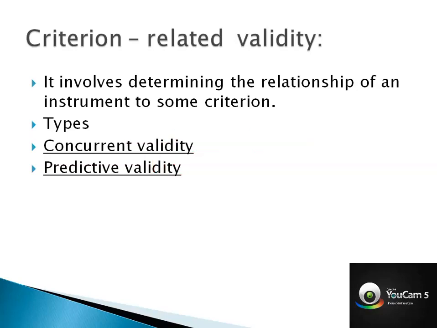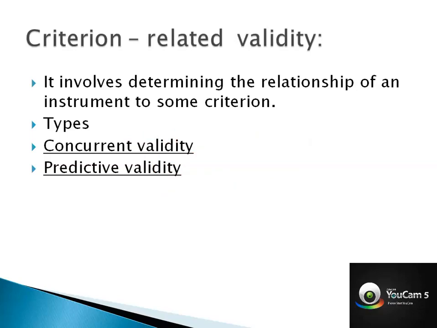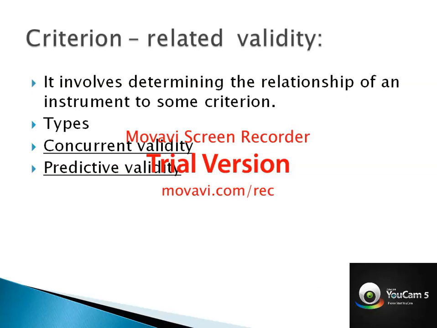It involves determining the relationship of an instrument to some criteria. You can take some criteria along with your tool, and you can compare and check whether your tool is a valid one. For example, job satisfaction can be compared with leave taken by the nurses, responsibilities taken by the nurses, initiation or support given by the nurses.